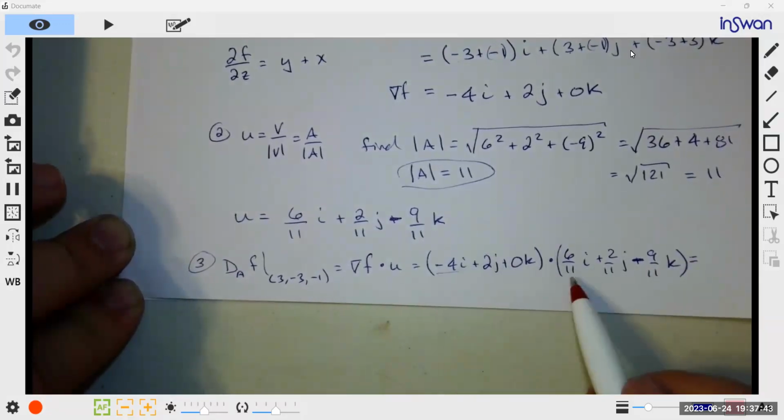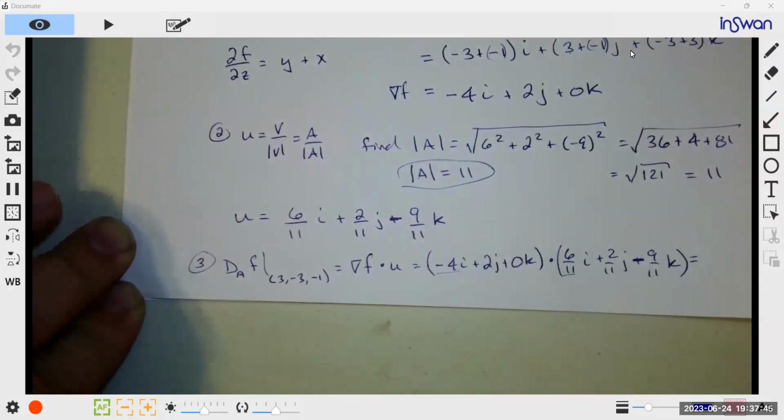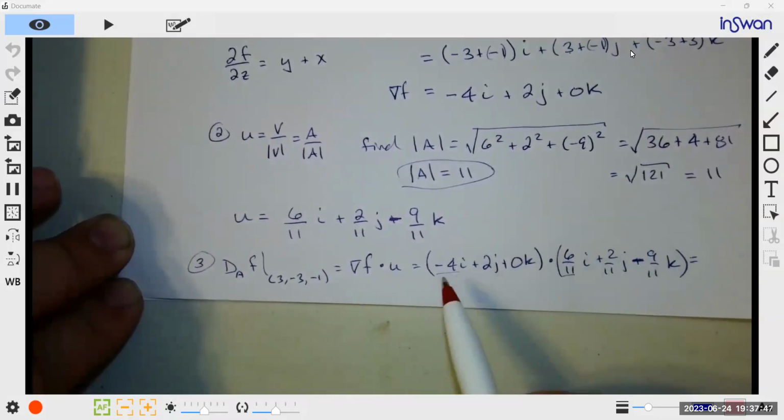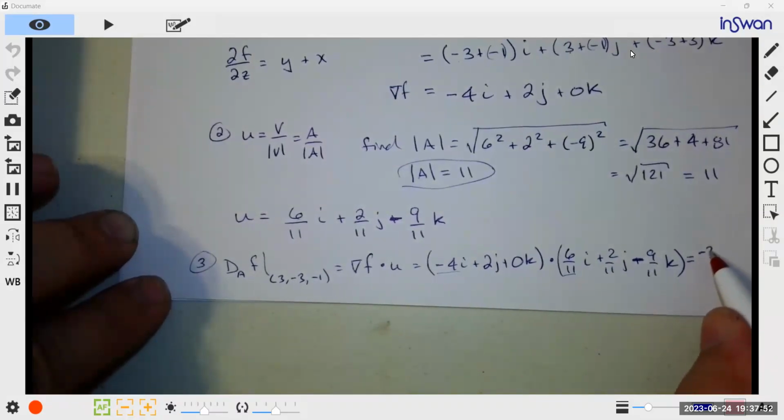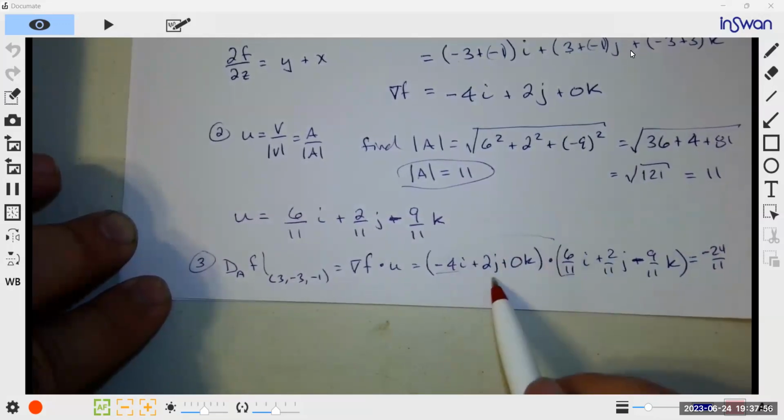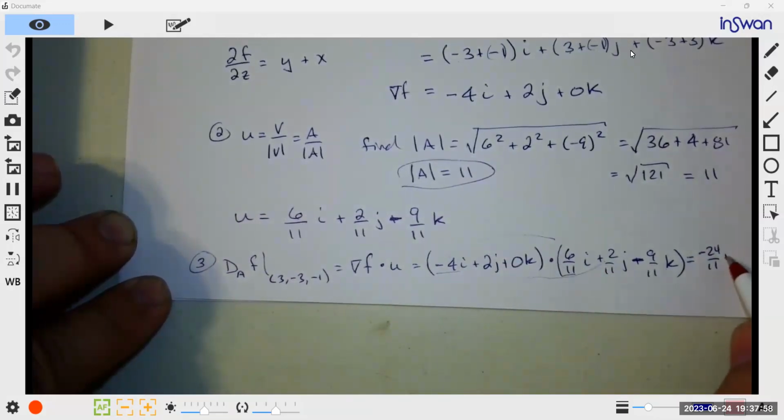Now I would multiply each of those terms and then add them together. So negative 4 times 6 is negative 24 over 11. 2 times 2 is 4 over 11. 0 times negative 9 is 0.